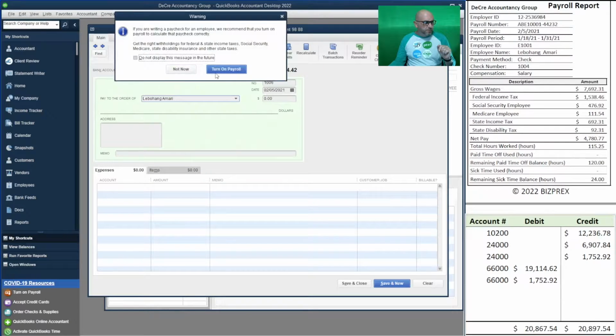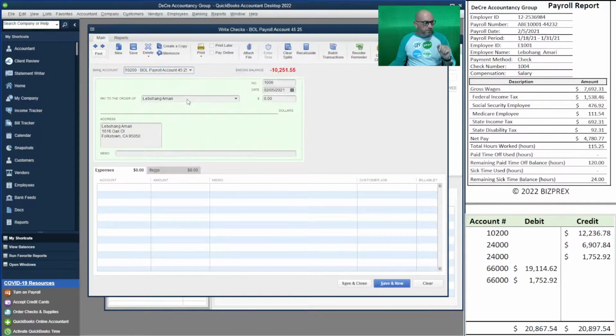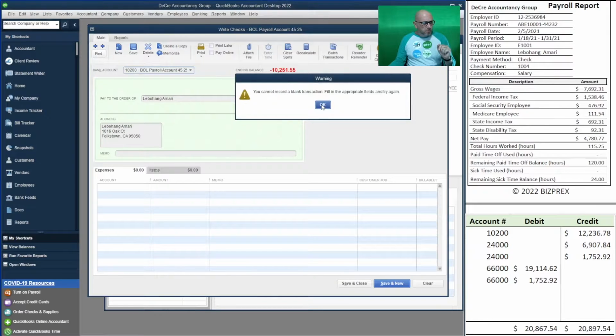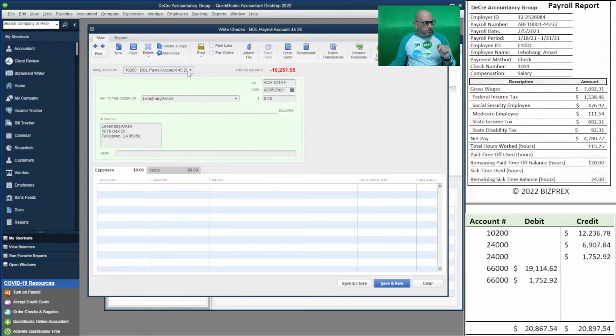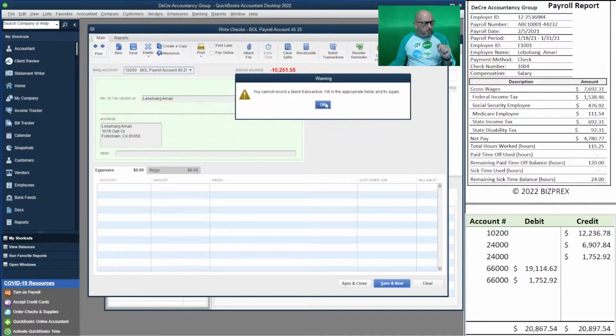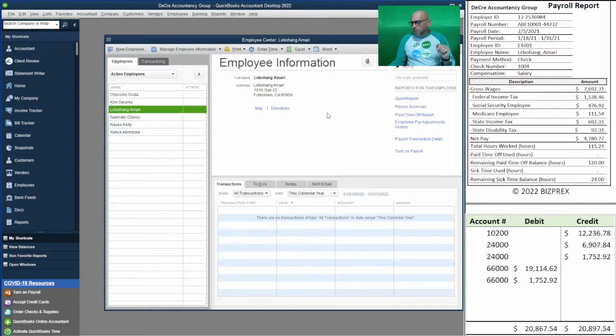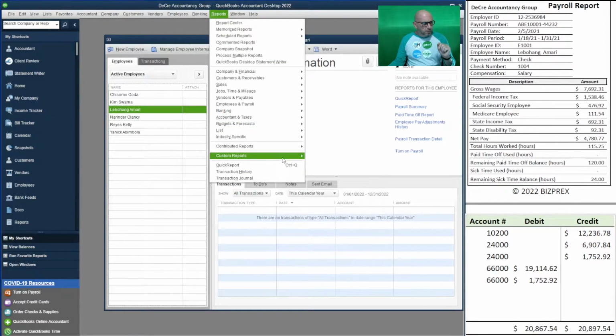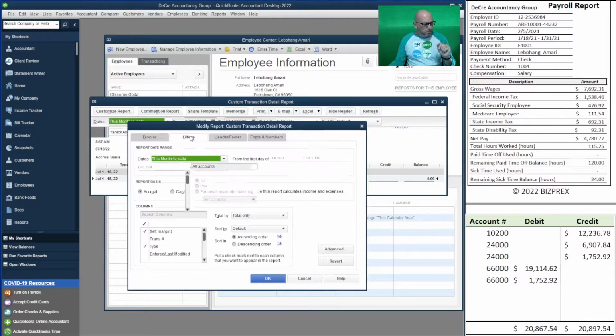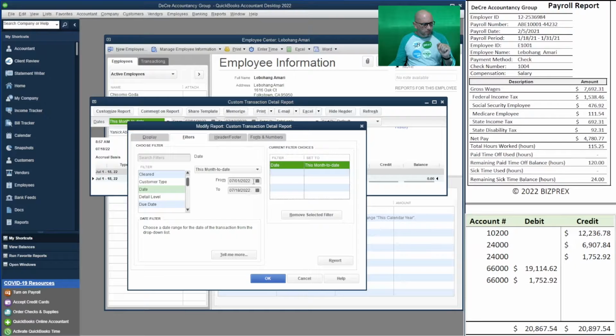That's our payroll. So let's see. Our payroll date was 2/5.